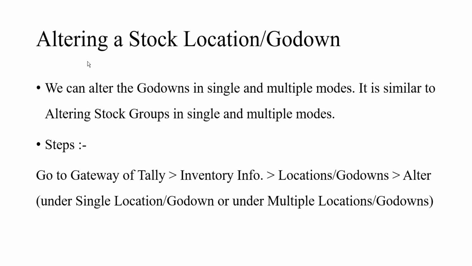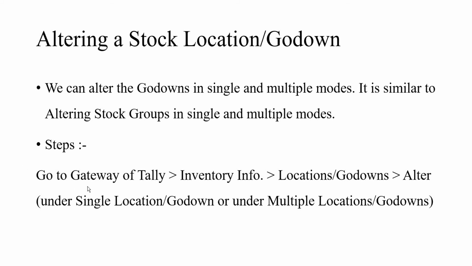Now we will see altering a stock location / godown. In case of alter option, we can go for display, editing, modification, changes, updation. All these things can be done in case of alter option. We can alter the godowns in both the modes, that is single as well as in case of multiple. It is similar to altering stock groups in single and multiple modes. Down we have the procedure.